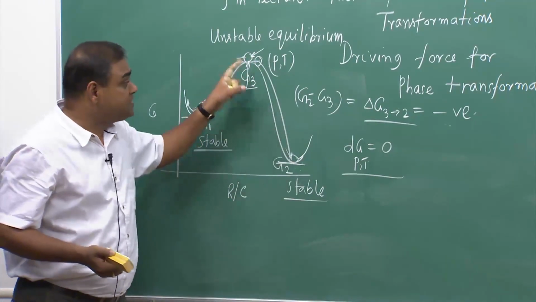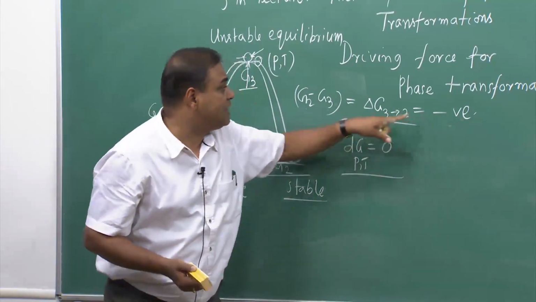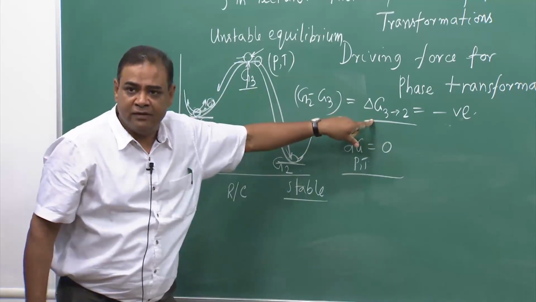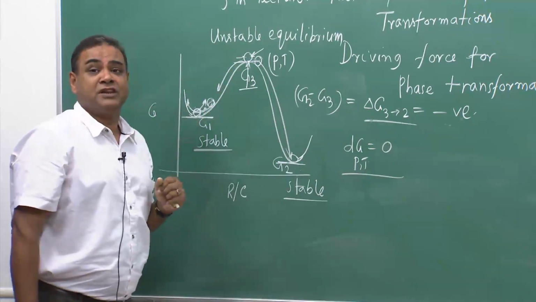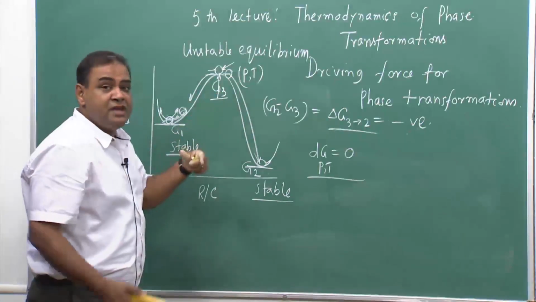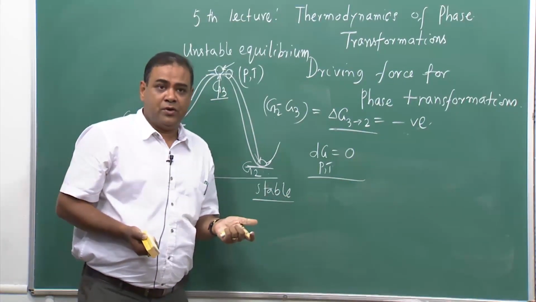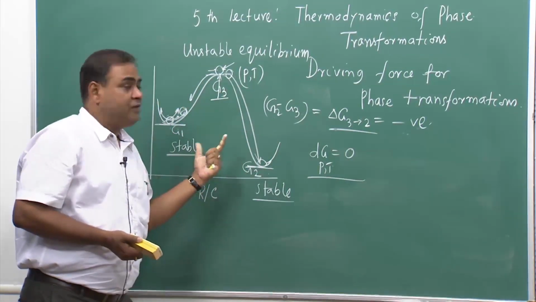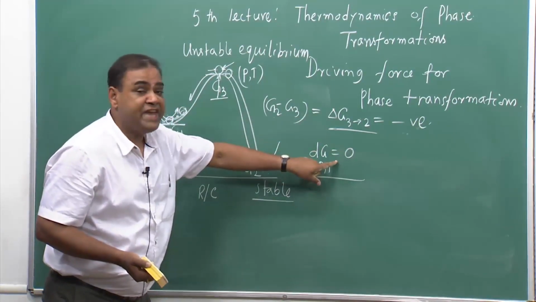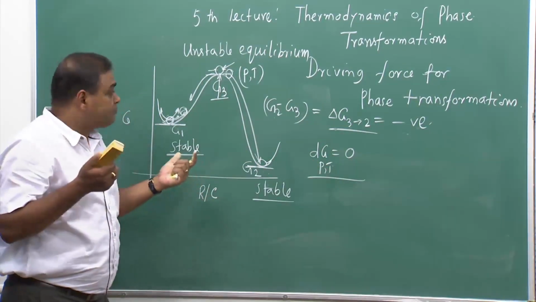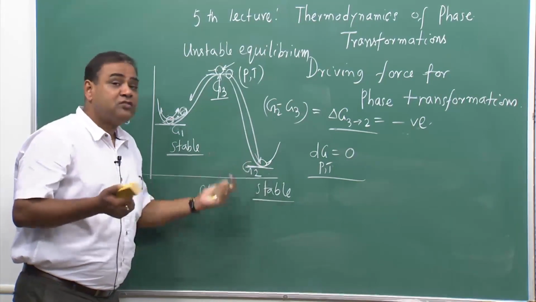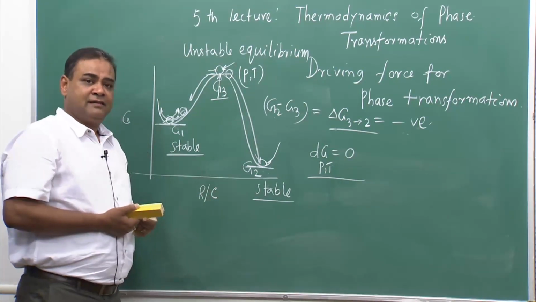So, the spontaneity is decided by the negative value of the difference of free energy. Similarly, if I go from here to there, there is also spontaneity, G1 minus G3 becomes a negative value. So, if this free energy change is negative, it is a spontaneous process, that means that process can take place.